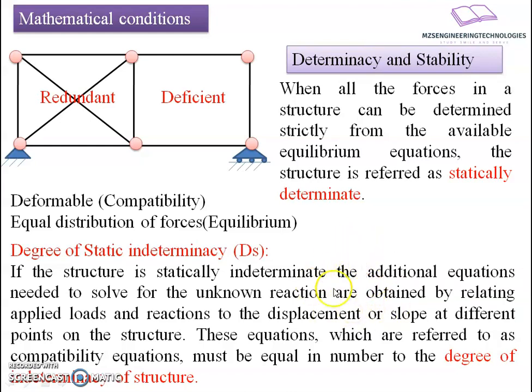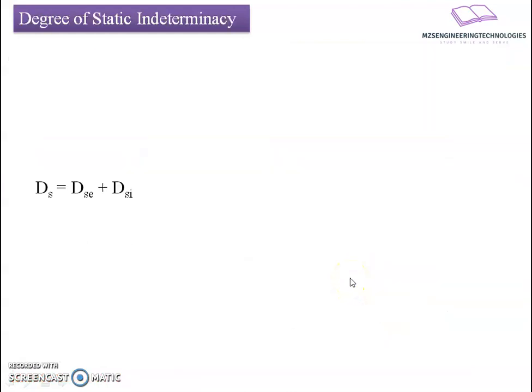Let's try to put this in a mathematical format. Let ds equal dse plus dsi, where ds is the degree of static indeterminacy, dse is the degree of static indeterminacy measured externally, and dsi is the degree of static indeterminacy measured internally.